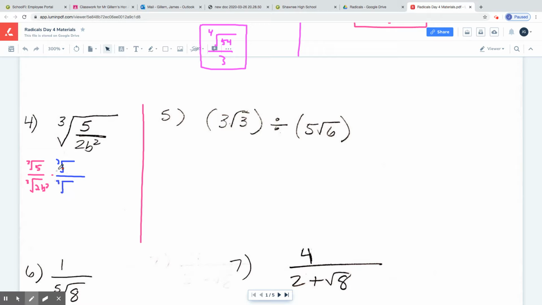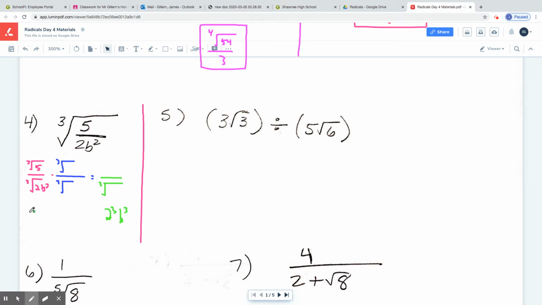It's a cube root, which means I need a perfect cube to end up under here. Well, I have 2 and b, so I need to have 2 cubed and b cubed.